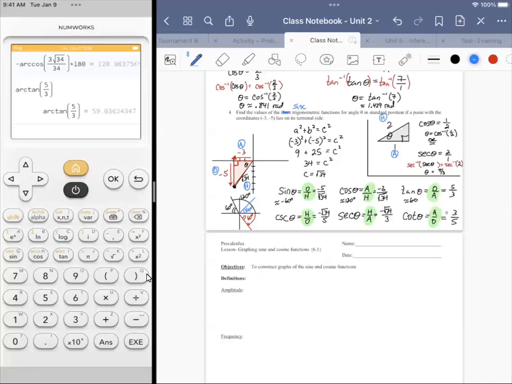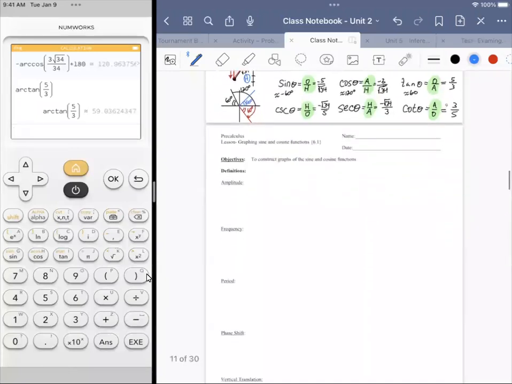It's not so much that you'll actually have to produce trig graphs by hand. It's more so that you want to recognize them on sight, both from the equation and from the graph itself. So we have to talk about things like amplitude, frequency, period, vertical translation, and phase shifting. So dive right into it.